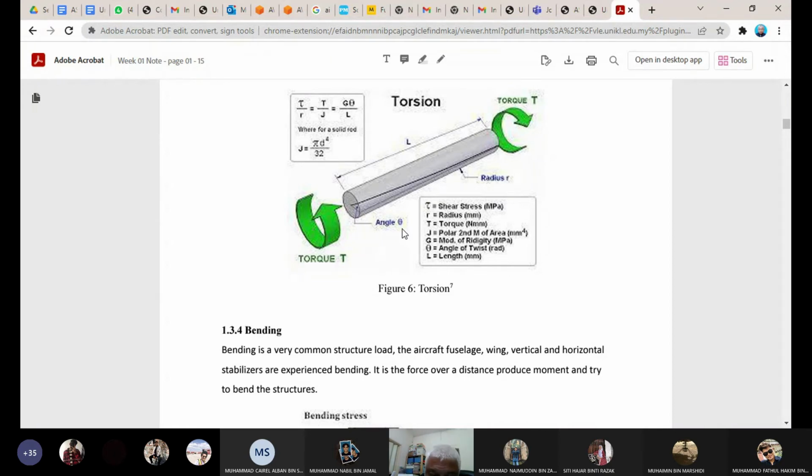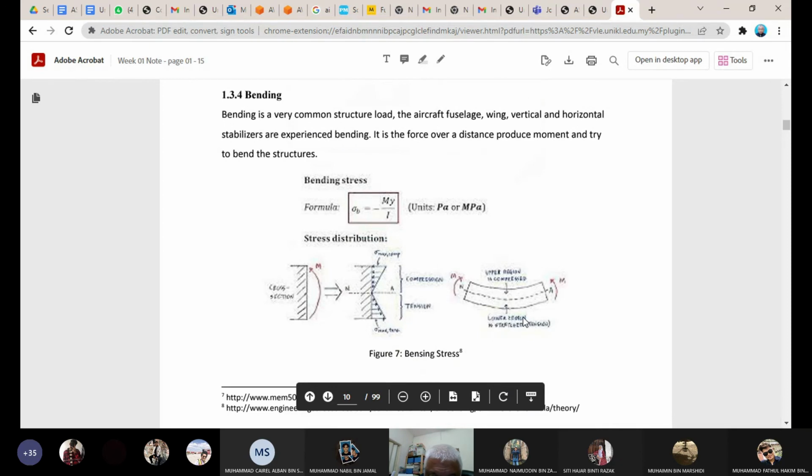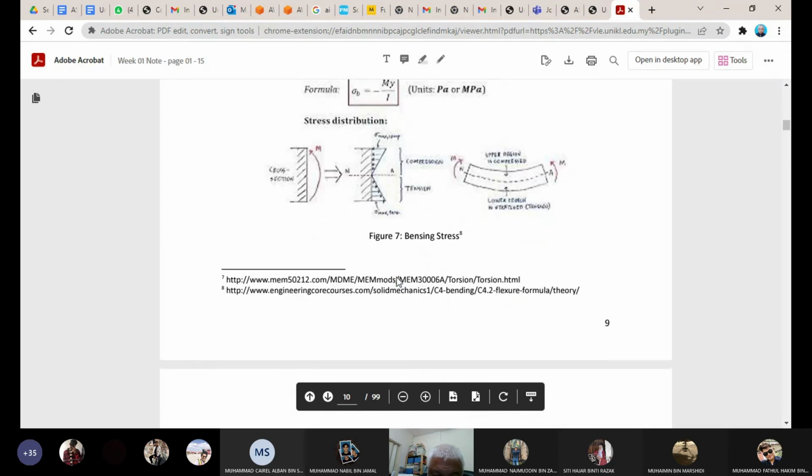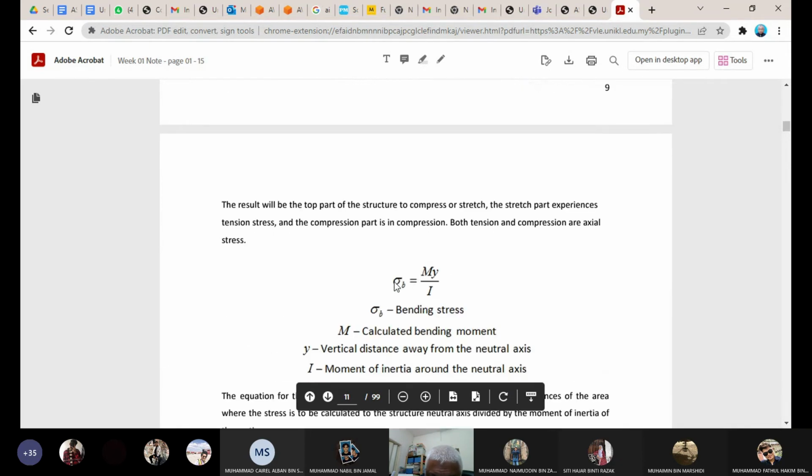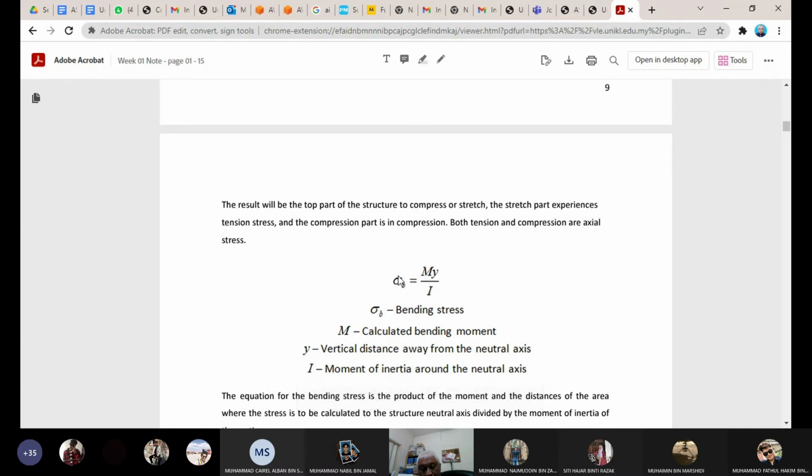Okay, next is bending. Bending is another unique case. You bend something and you get stress, either on the top or the bottom, depending on the direction of the bend. If it compresses, it becomes compressive stress. If it is pulled apart, we call it tension stress.